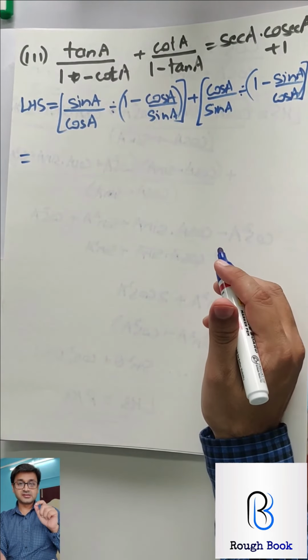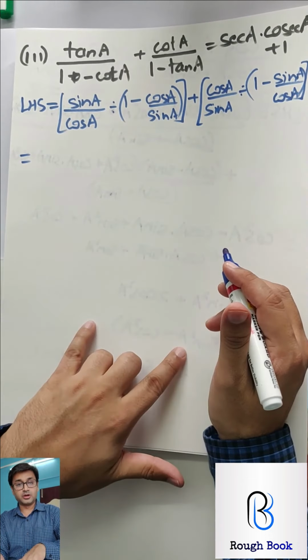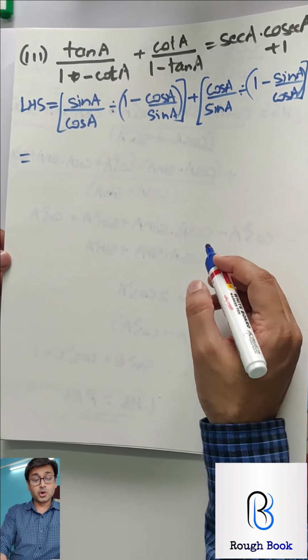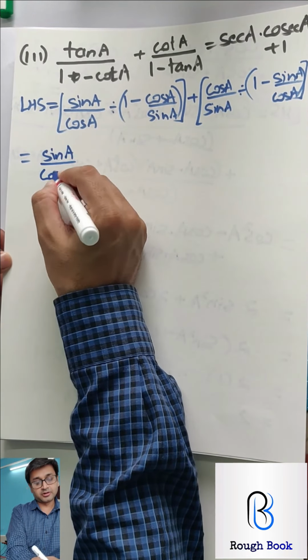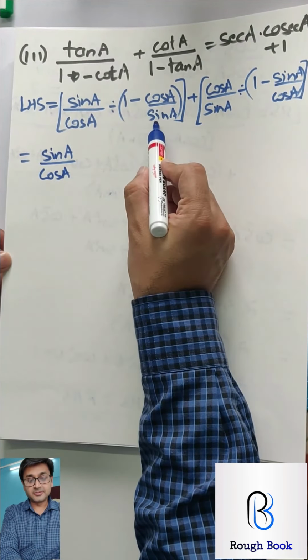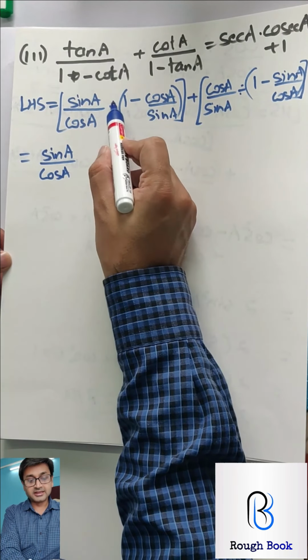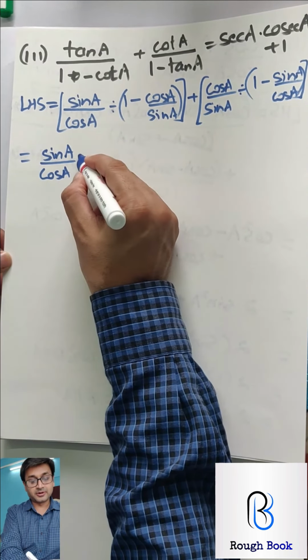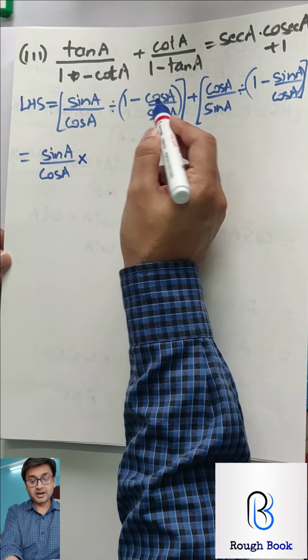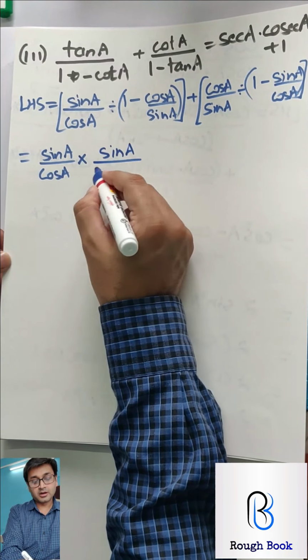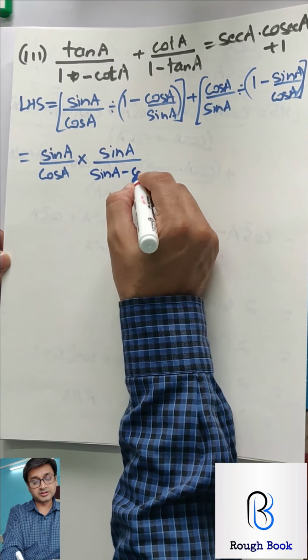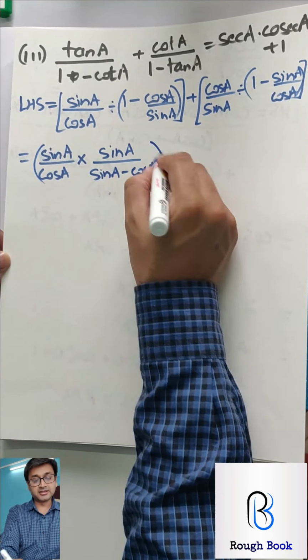Let us do it very systematically with complete focus from here. 100% you will not mess up if you are focused. So sin a upon cos a. Here I'll take the LCM. So I'll have sin minus cos and then the reciprocal because I'll write multiply. Sin a minus cos a will come down and sin a will go on top. So I'll get sin a upon sin a minus cos a. I hope you could tackle this part.